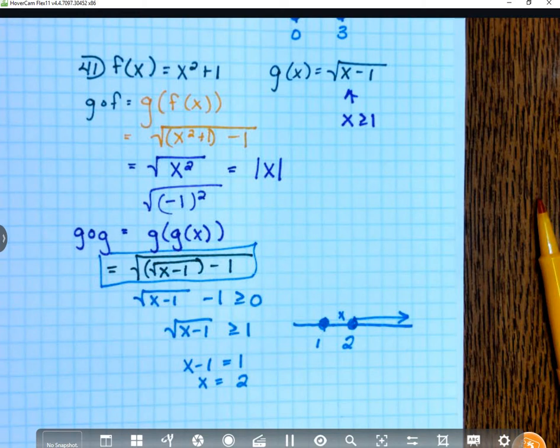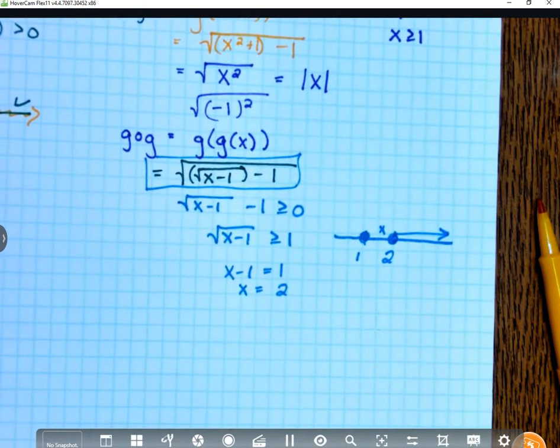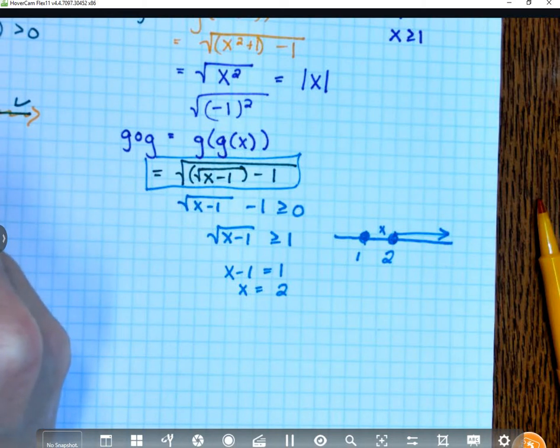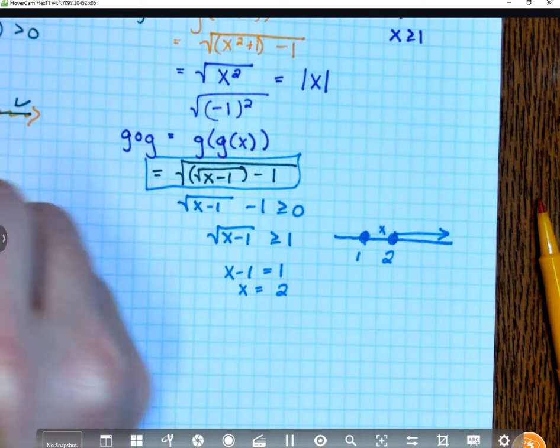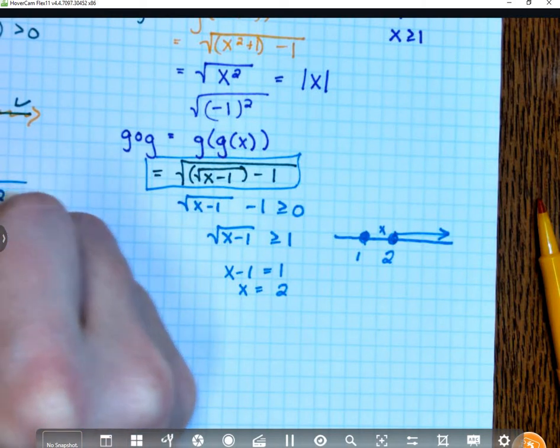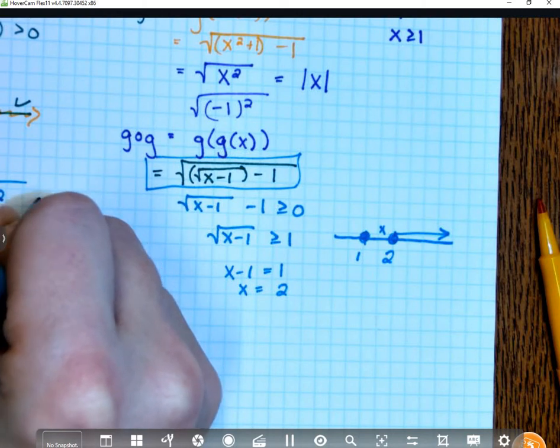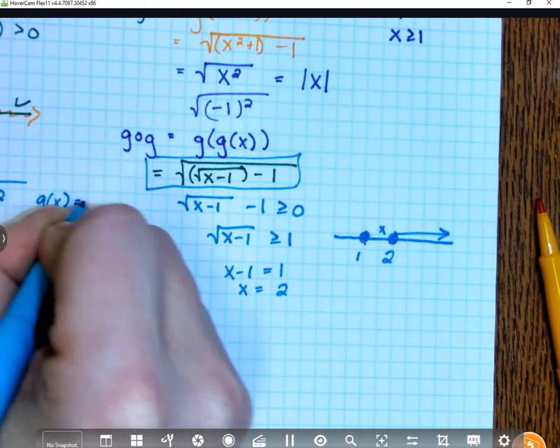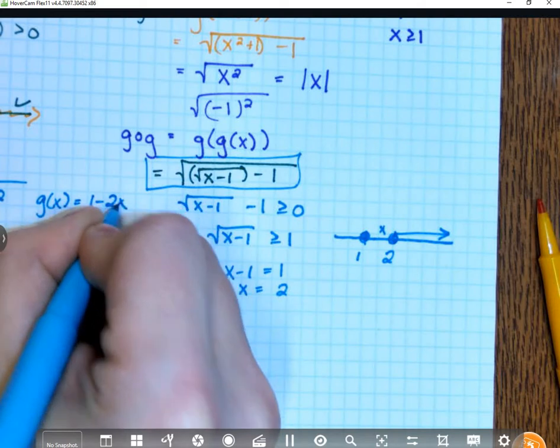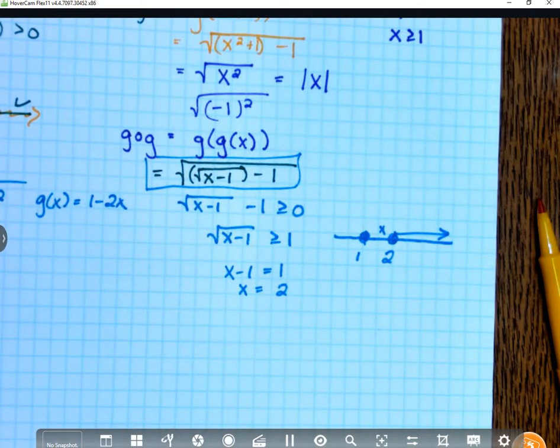Yes, sir. That gives me f of x is the square root of x minus 2. g of x is 1 minus 2x. And you wanted which one? B?